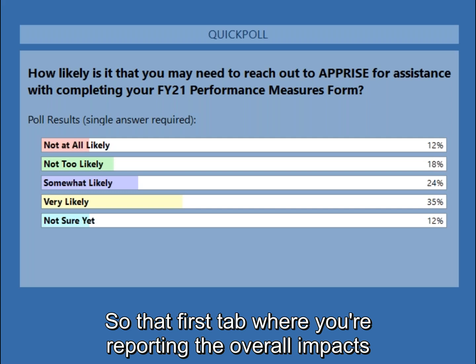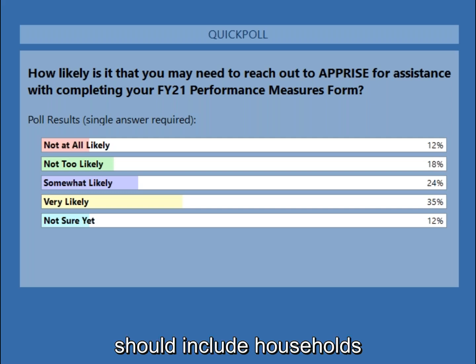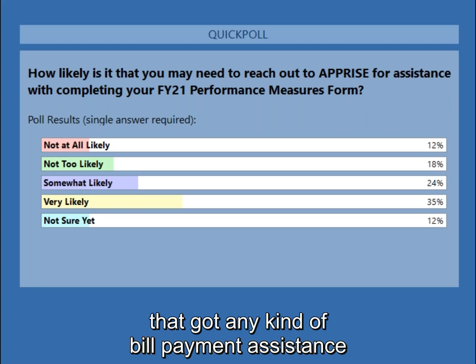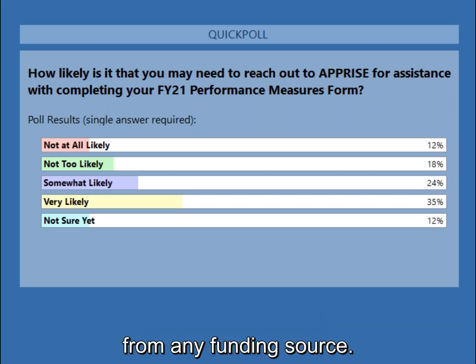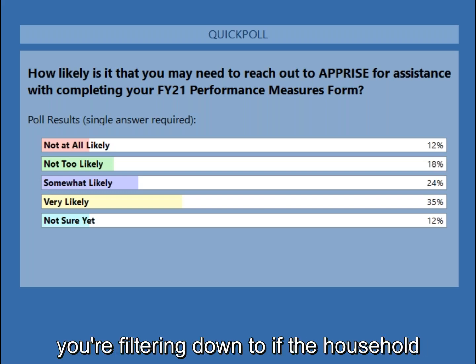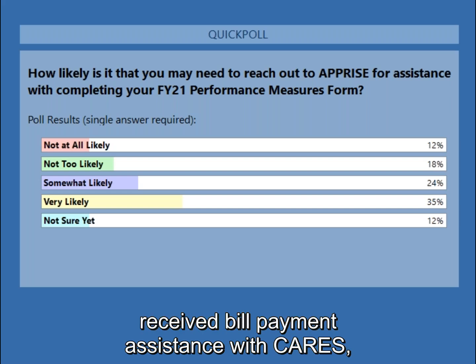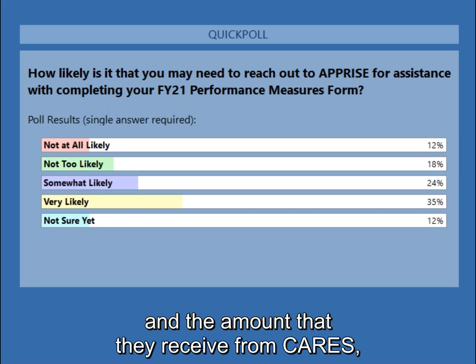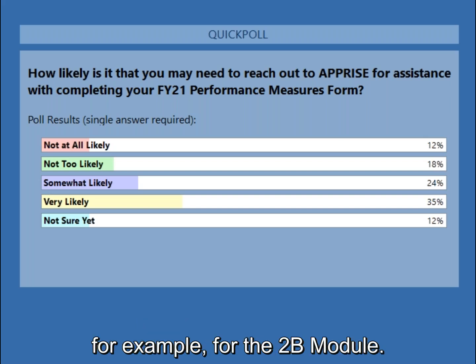So that first tab where you're reporting the overall impacts should include households that got any kind of bill payment assistance from any funding source. Then when you move to the two new tabs, you're filtering down to if the household received bill payment assistance with CARES and to the amount that they received from CARES, for example, for the 2B module.